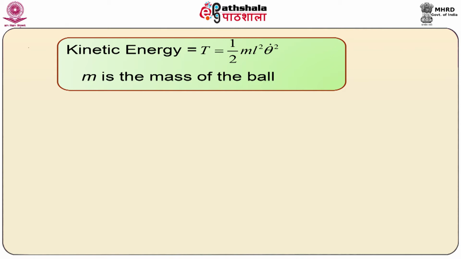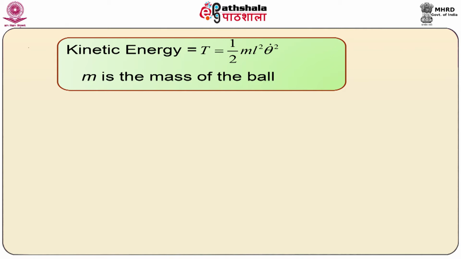Let us calculate the kinetic energy of the simple pendulum. Kinetic energy is denoted by capital T, which is defined as half into mass into velocity square. Here the bob has only the cross radial velocity.